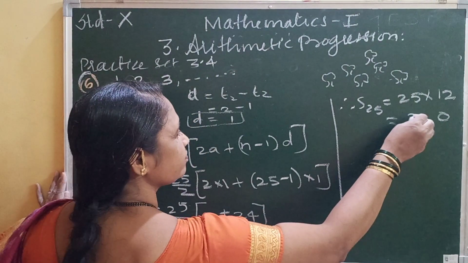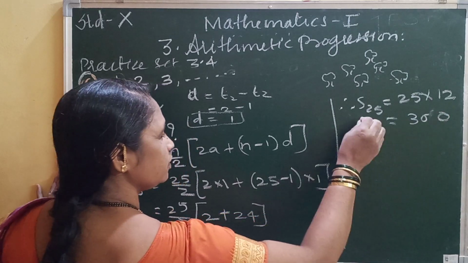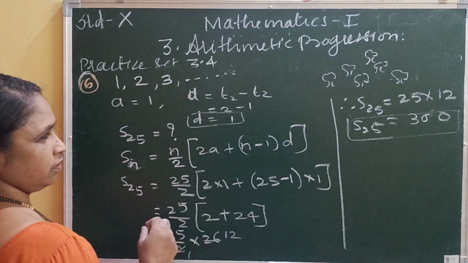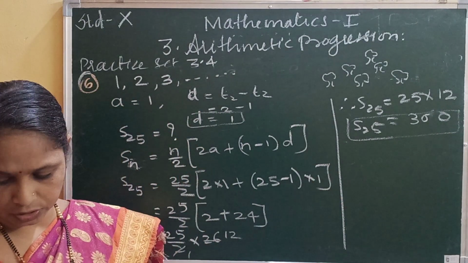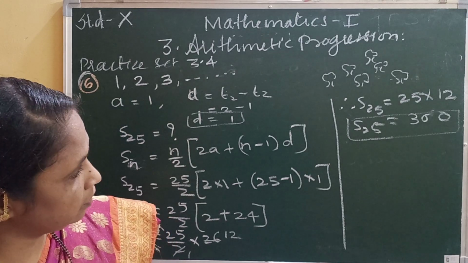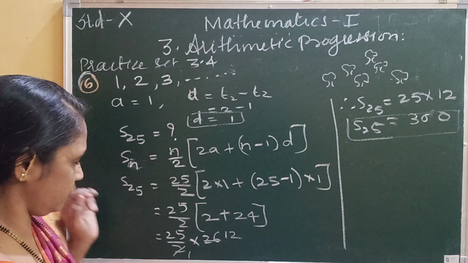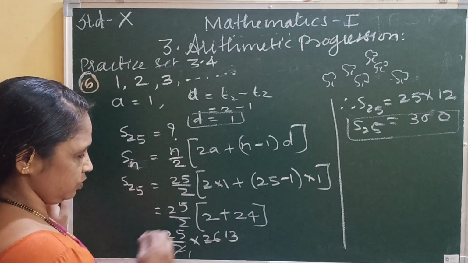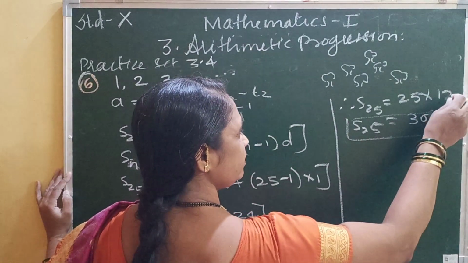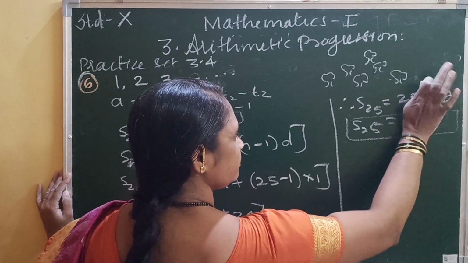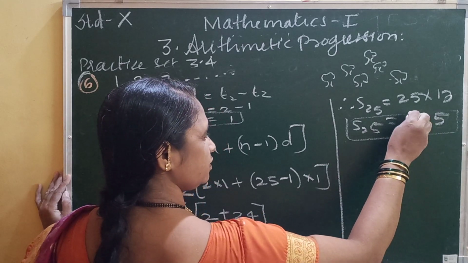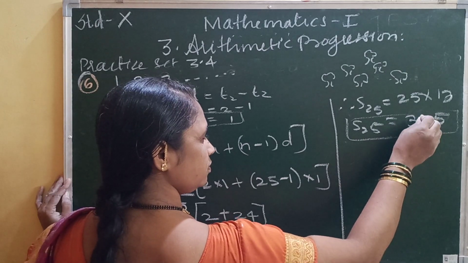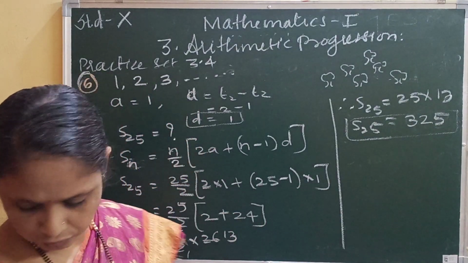Sorry, 26 divided by 2 is 13. So it will be 25 into 13, 13 5s are 65, and so 325.